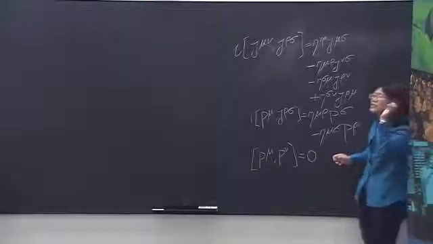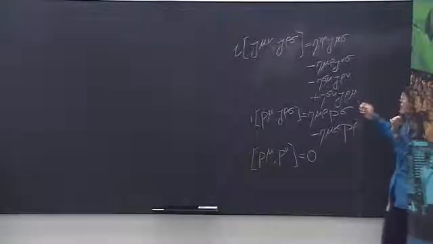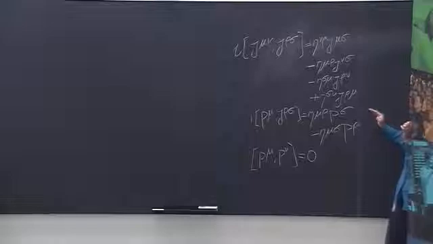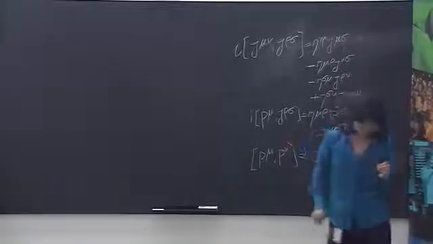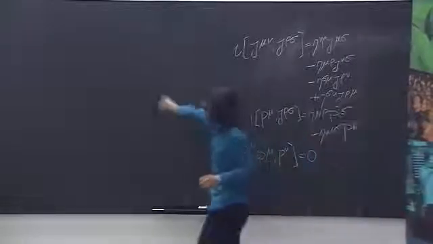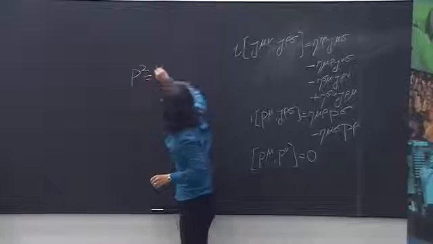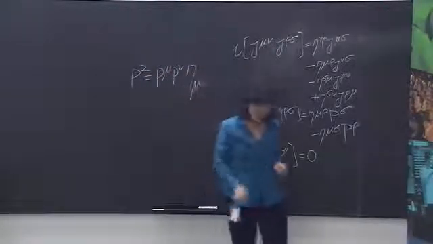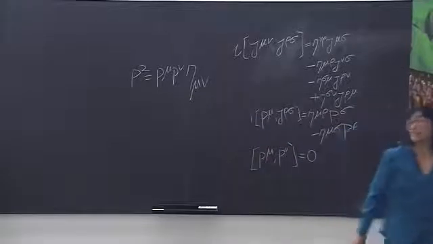The translational group is the invariant subgroup. And that's why we call this a semi-direct product, not a direct product. Because this part is invariant, but the J is not. And the one last remark, which you're going to show in the tutorial: P squared, defined by P_mu P_nu contracted with eta^{mu nu}, commutes with everybody.